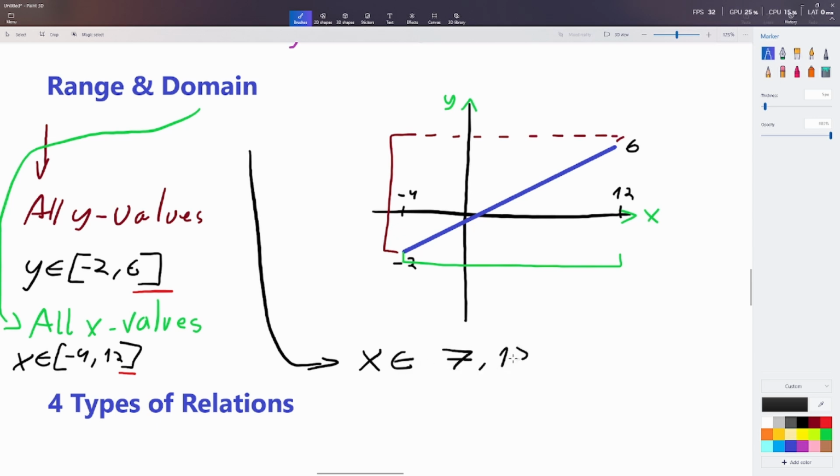This is just random numbers again, and then you have to find the range of this. Then you can just take your domain's end points, 7 and 12, and put them into the function, and then you get the range, which is also known as the y-values.